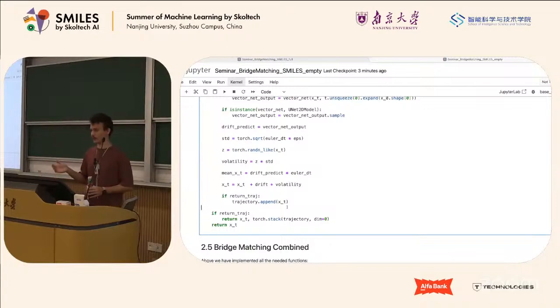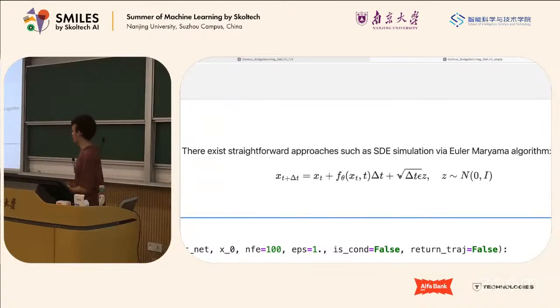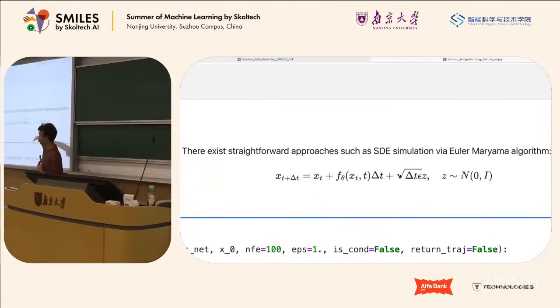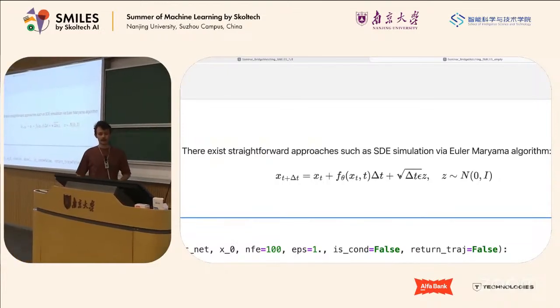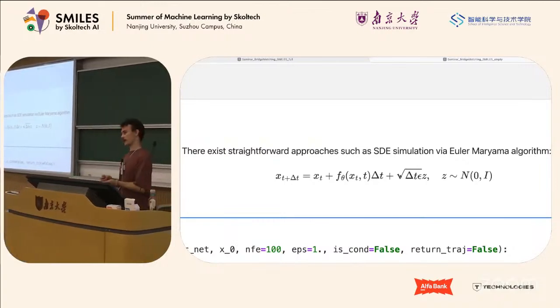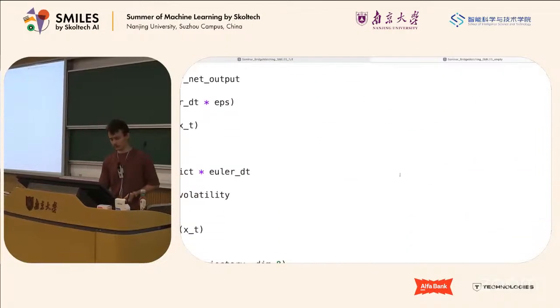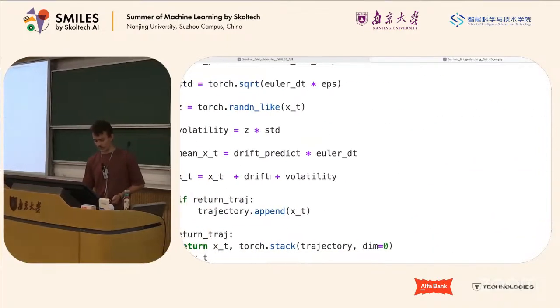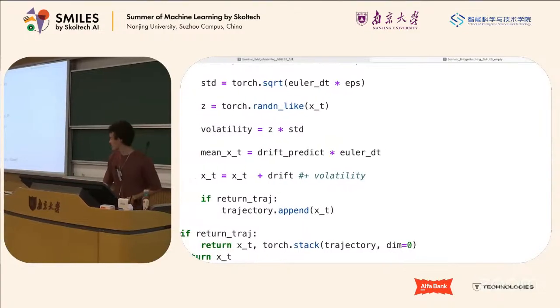So we implemented this Euler-Maruyama solver, where this volatility term, which you can also call a noise term, is this one. This is basically an Euler ODE solver with the addition of this noise, right? In terms of implementation it is also evident: if we just comment out the volatility term, it would be only a differential equation solver, right?